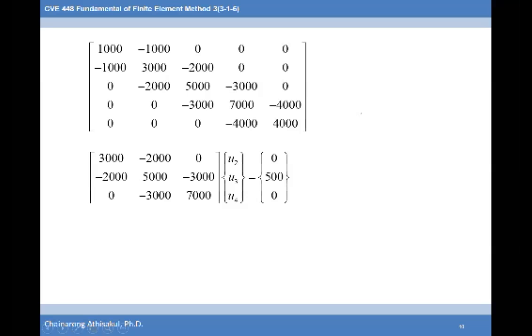You will see that this is a singular matrix and you cannot find the inverse. The determinant of this matrix should be equal to 0.